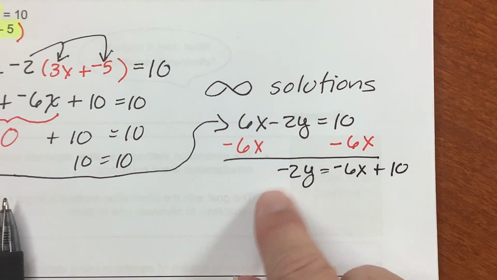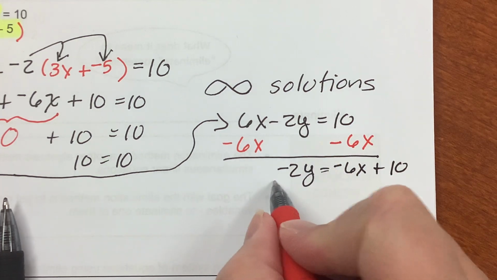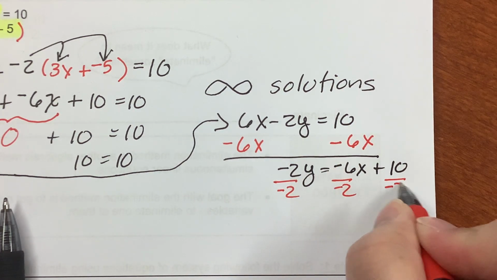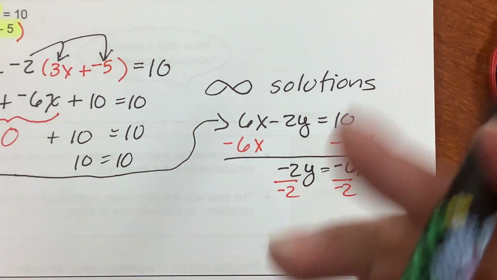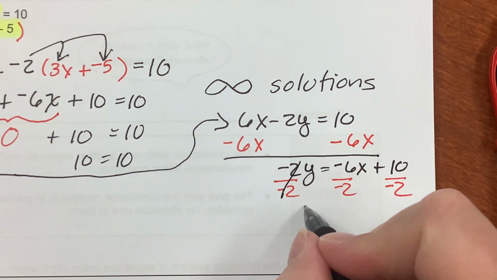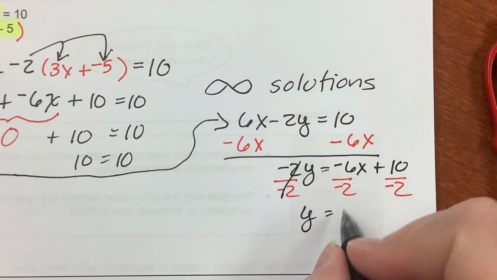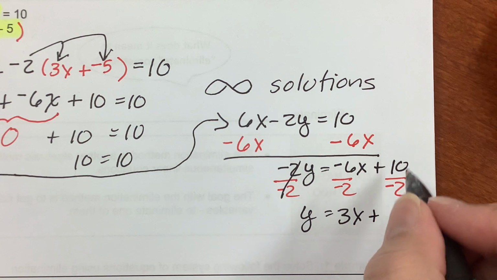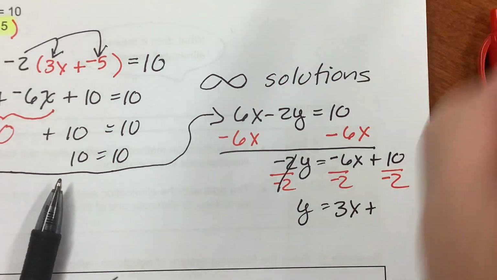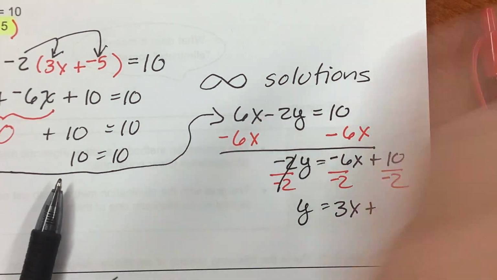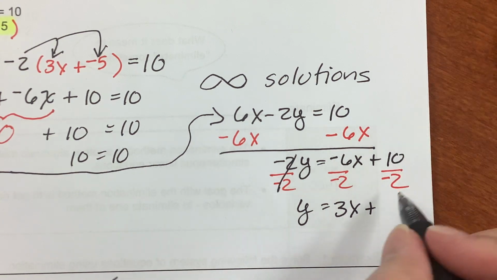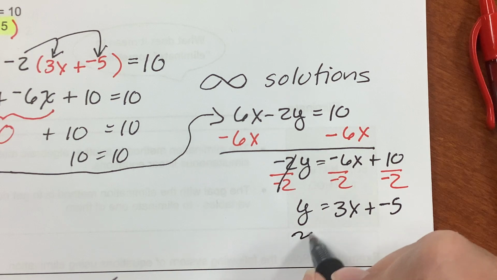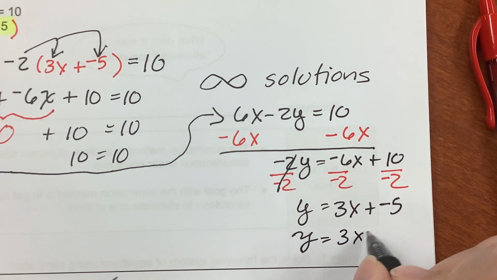Can't have that coefficient in front of the y, so I'm going to divide everybody by negative 2. And I get, well, that's 1y by itself. Negative divided by negative is positive 3x plus, oh, sorry, not plus. That's going to be plus a negative. So plus 10 divided by negative 2 is negative 5. Can't have double signs.